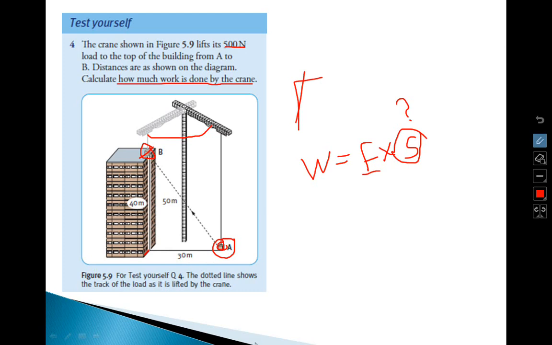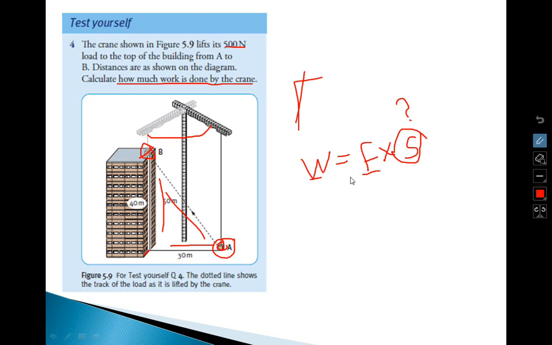So this question is answering the first part of this presentation. As we said, the force must be in the direction of movement. So where is that direction? Is it this way, or this way, or this way? I will leave this for you.